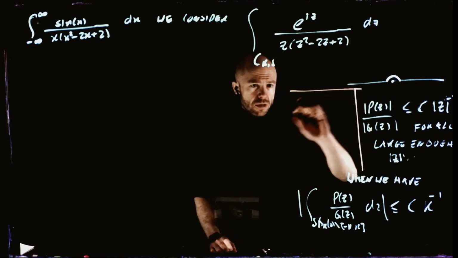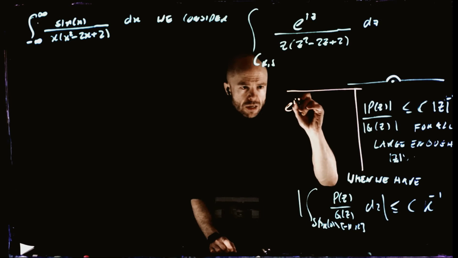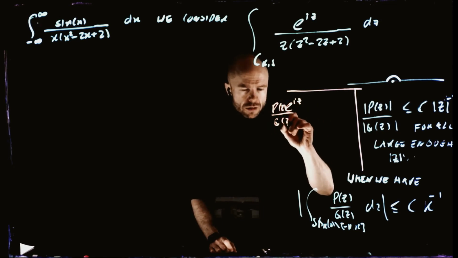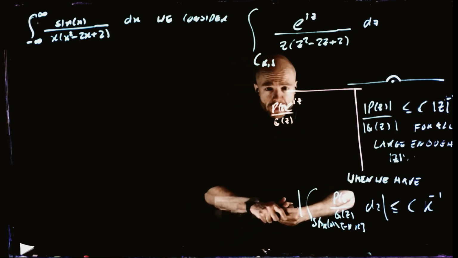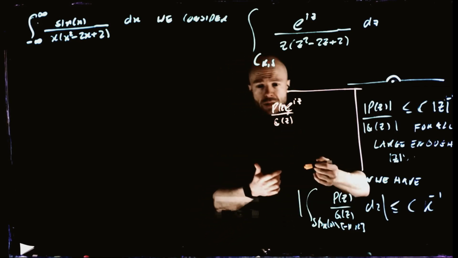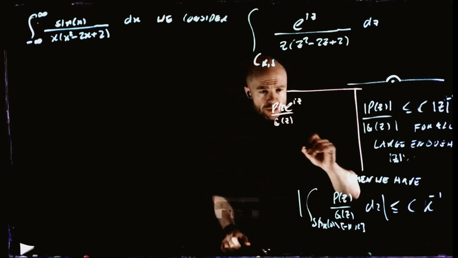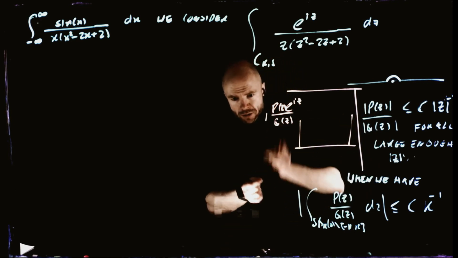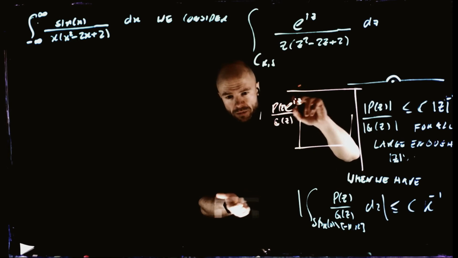So when we consider this thing, e to the iz, P of z over Q of z, the reason this worked is because we had special cancellations allowing this to work out for us. When we integrated along here, because we're going along an imaginary line, we would have e to the minus something depending on t.